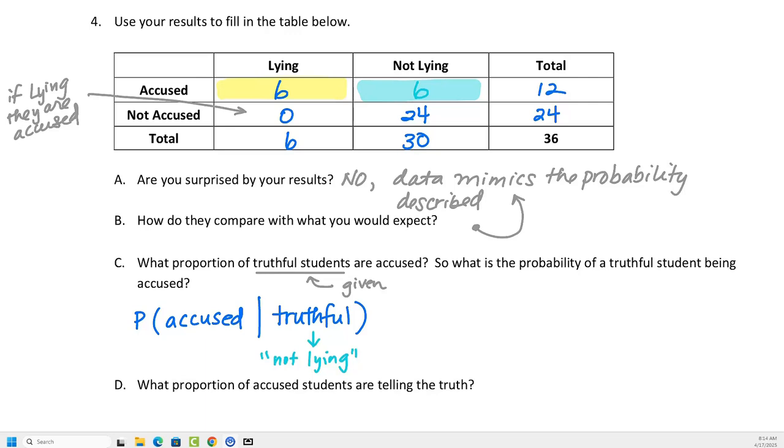So remember, when you have a given like that, we're going to focus on just a specific portion of the whole chart. So the given tells me that we're going to focus on the not lying section, which is this column.